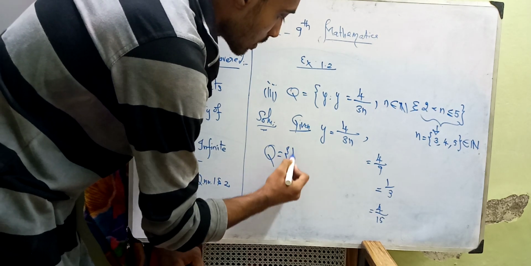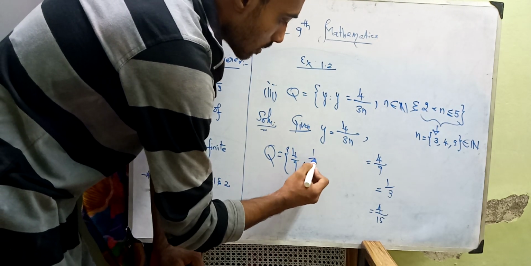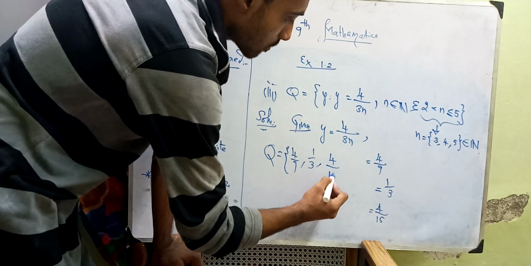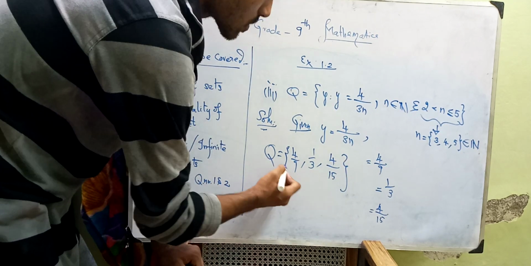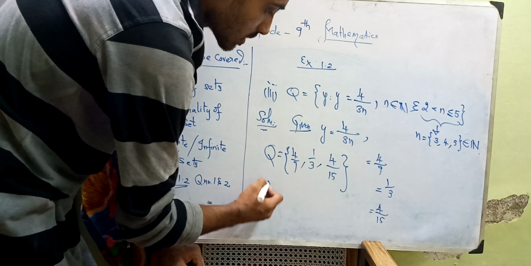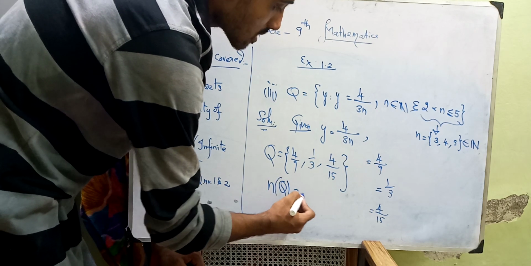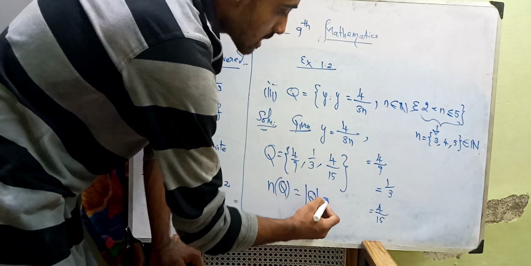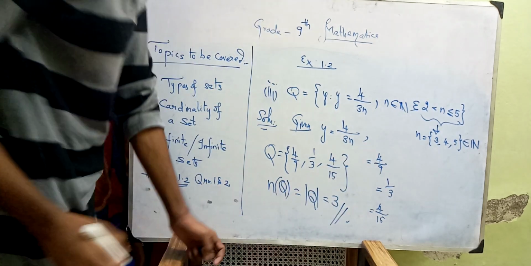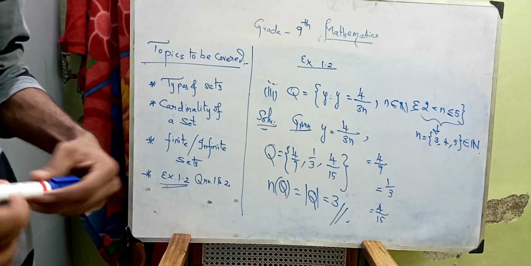So Q is equal to 4 by 9, 1 by 3, 4 by 15. How many elements are there in Q? The number of elements in Q, or cardinality of Q, is 3. Only 3 elements. So this is what is asked in the first question.